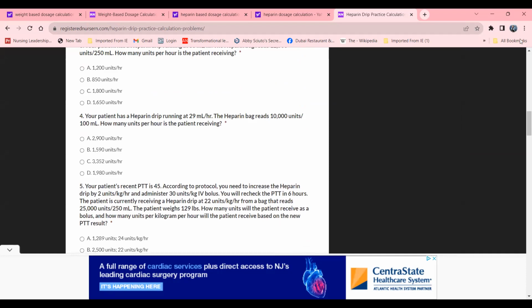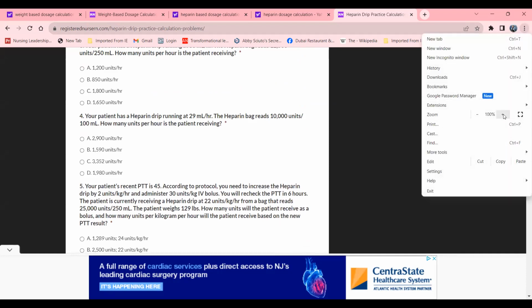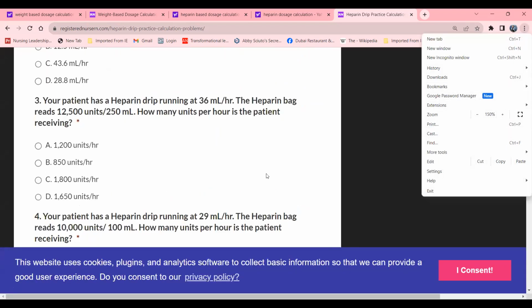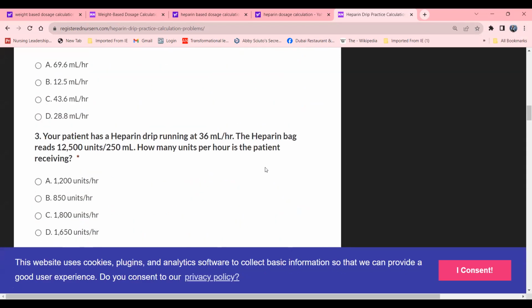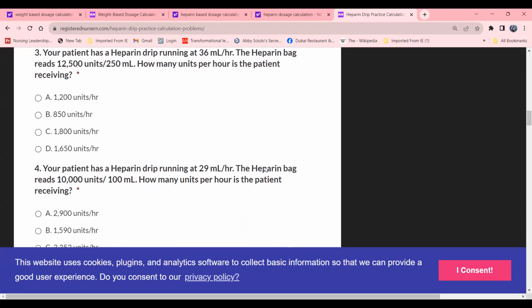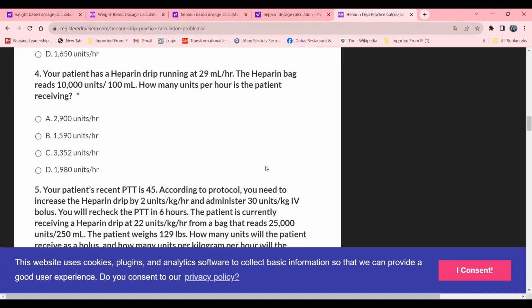So let's look at number 4. I'm going to make it bigger. This is the same kind of question. We'll do number 4 first, and then we'll go back to number 3. Can you see the question there? Yes. Okay, so the question is asking how many units per hour is the client receiving.